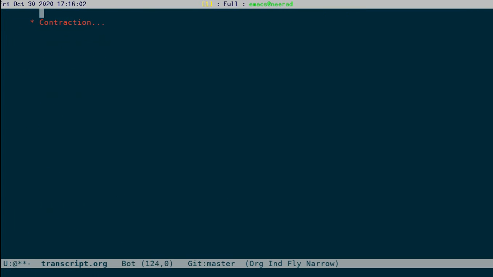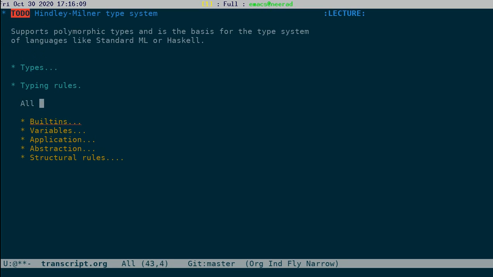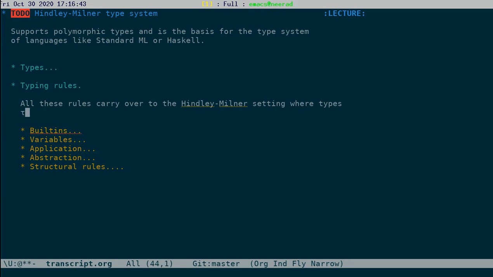These rules carry over to the Hindley Milner setting, but now the types tau are monotypes.